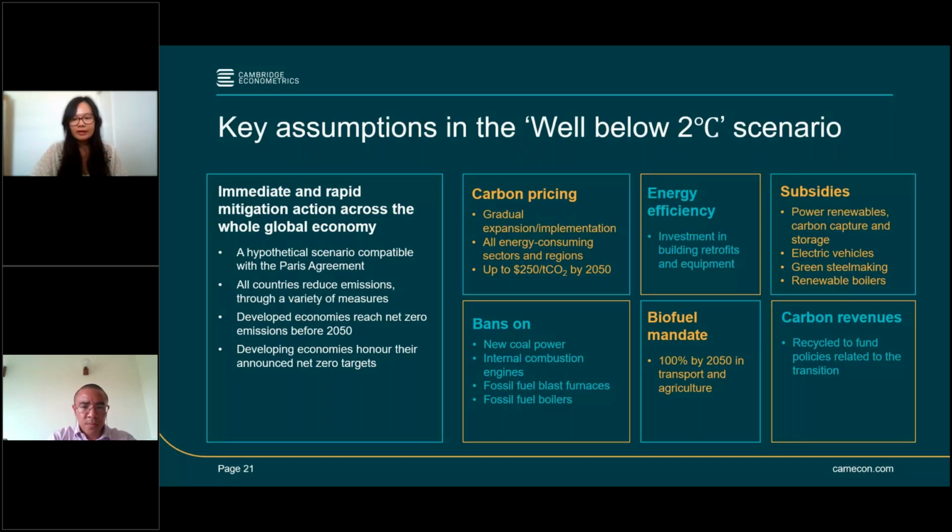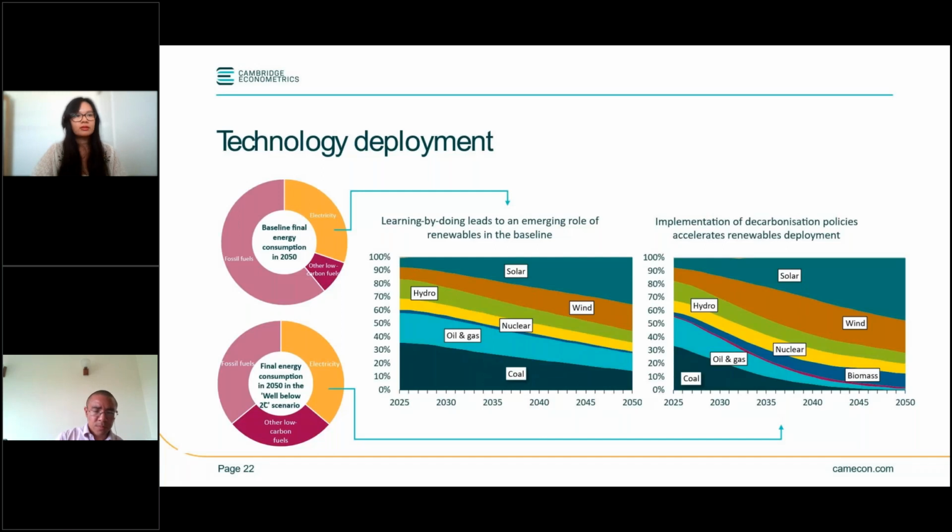With that in mind, as we may expect, the policies that we implemented for fossil fuel phasing out and low carbon technology subsidies and carbon pricing are expected to lead to a visible change in the mix of final energy consumption at the global level by 2050.